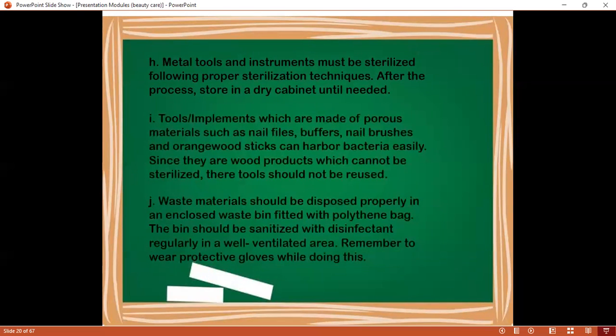Waste materials should be disposed of properly in an enclosed waste bin fitted with a polythene bag. The bin should be sanitized with disinfectant regularly in a well-ventilated area. Remember to wear protective gloves while doing this.